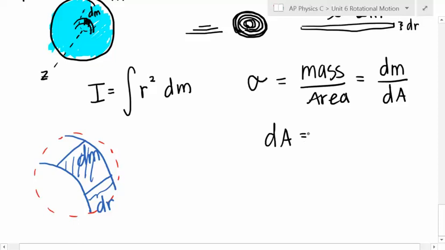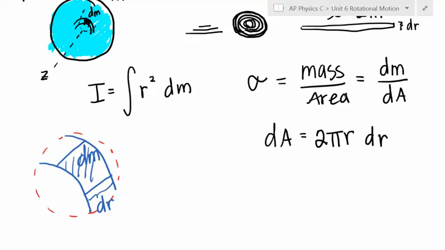Area of this whole thing is the 2 pi r, the length of each one of these strips that I'm going to bend into a circle and layer on top, times their thickness. Nope, that's not an A, that should be an r, times their thickness, dr. So 2 pi r is the length of the layer that I have bent into a circle. dr is the thickness, or the height.